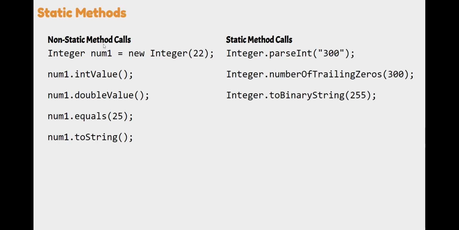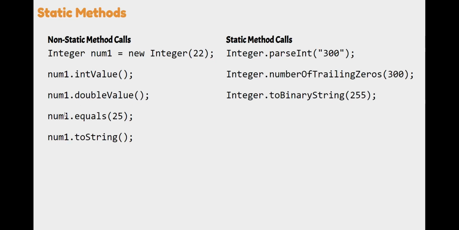When we do our non-static method calls, we are interested in the value of that object. For our examples, we have num1.intValue, which will evaluate to the 22 that is stored in that object. Our second method call, num1.doubleValue, will evaluate to 22.0, which would be that integer value as a double.